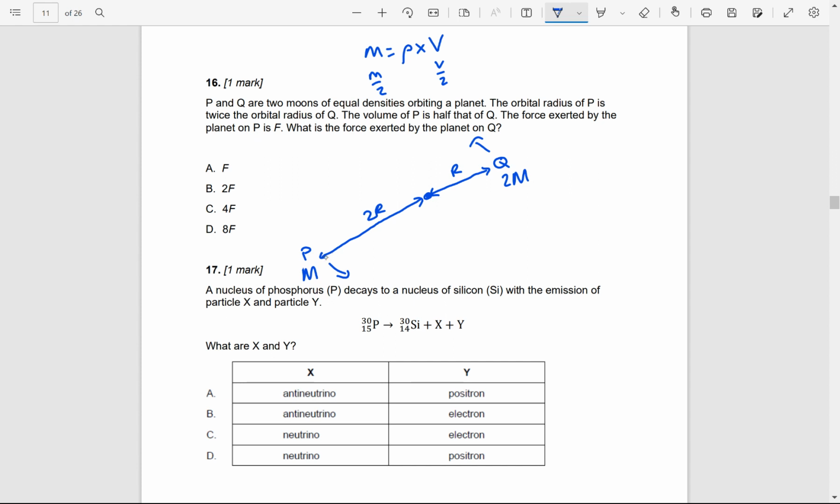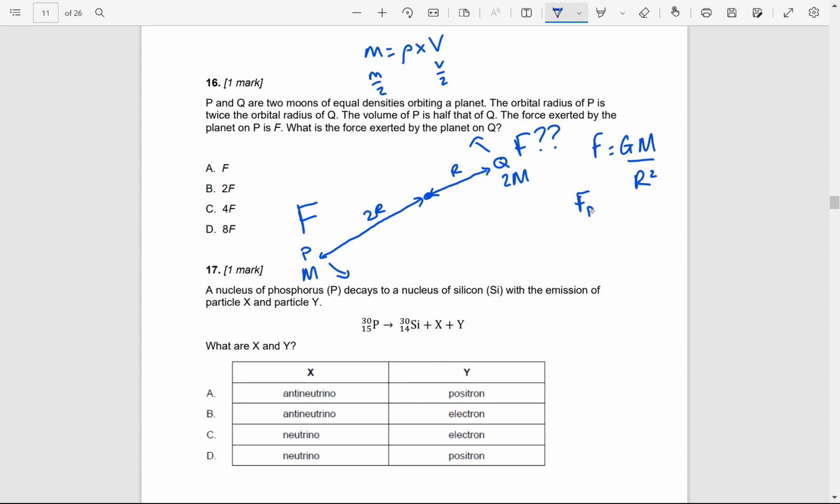Okay. The force exerted by the planet on P is F. What is the one on Q? Okay. So for force, we're going to have to use our formula booklets here if you don't know it. So let's plug it in.